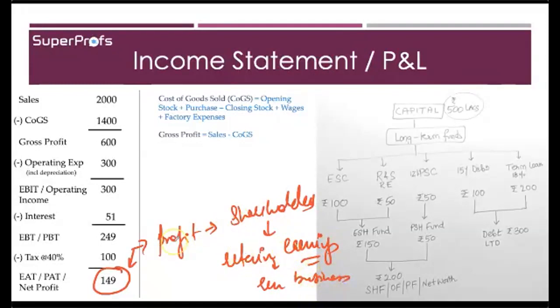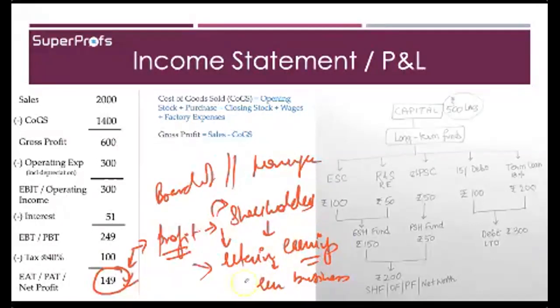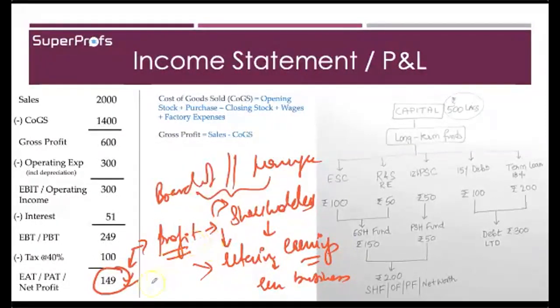Okay, who decides all this, where will this profit go? The board of directors, right, or the management. They will decide that, okay, either we need this money to completely go into business, or a part of this should go to stakeholders for the profit, and the other part should be used as retained earnings. All right, all these things will be decided by the board of directors or the management of the company.